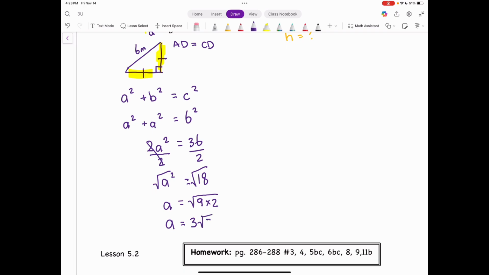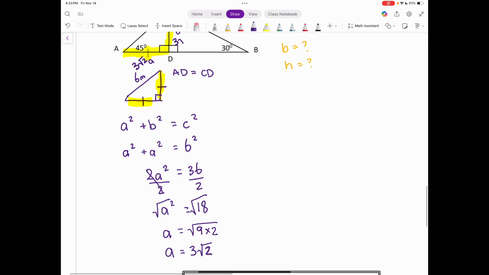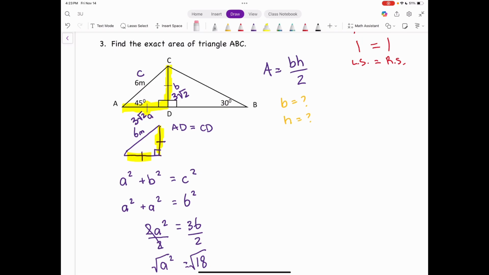I'm left with 3 times the square root of 2. This side length here is 3 times the square root of 2, which means that this side length here is also 3 times the square root of 2. So now I have my height, okay? My height is going to be 3 times the square root of 2.